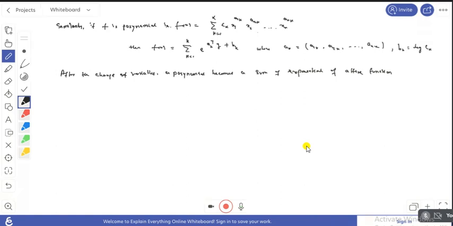Now write this geometric program in the new variable, that is y.